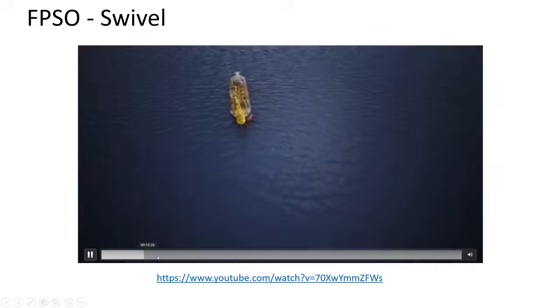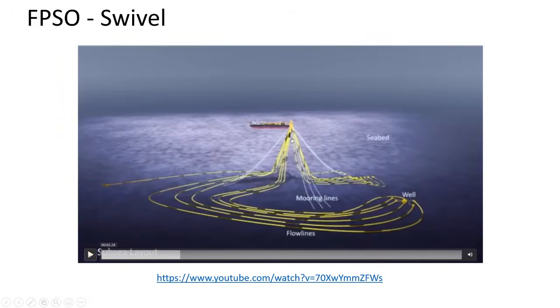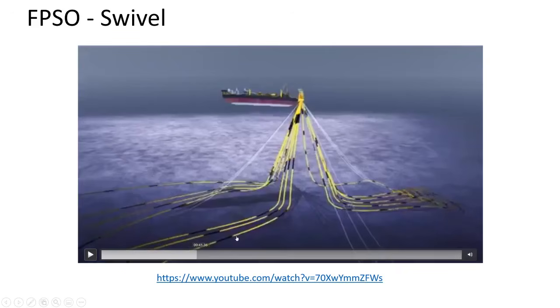I'm going to put the link so you can watch it completely. What you see in this case is that the swivel is located not in the center of the FPSO, but at one of the ends of the FPSO. All of these lines are the risers that I told you about before, going up to the swivel and fixed on the swivel. And the swivel is moored. Actually, it has some lines that fix it to the seabed.